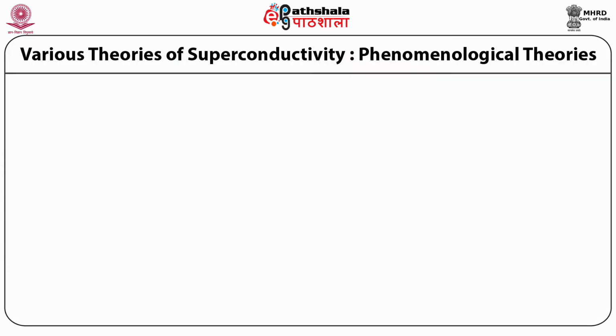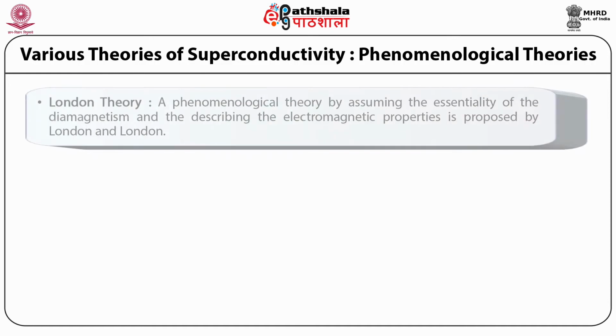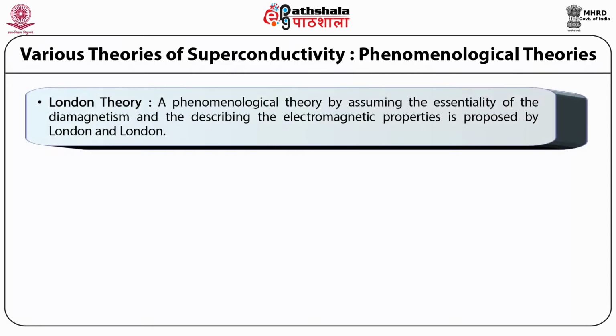Let us now discuss the various theories of superconductivity. We will first start with the phenomenological theories. The basic theory is the London theory. A phenomenological theory, assuming the essentiality of diamagnetism and describing the electromagnetic properties, was proposed by London.